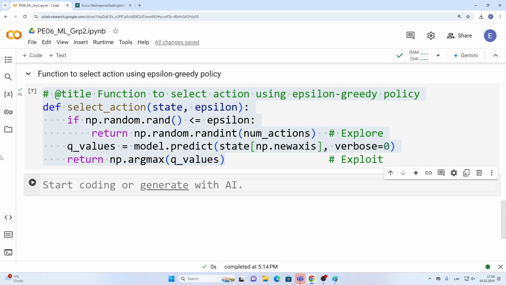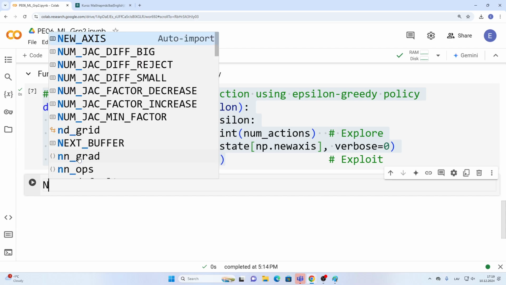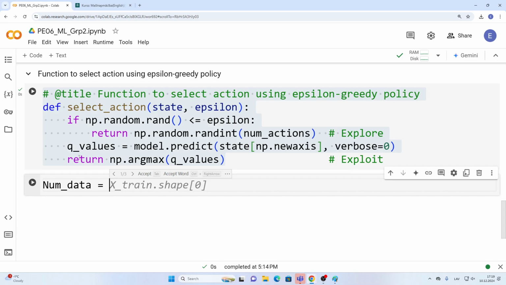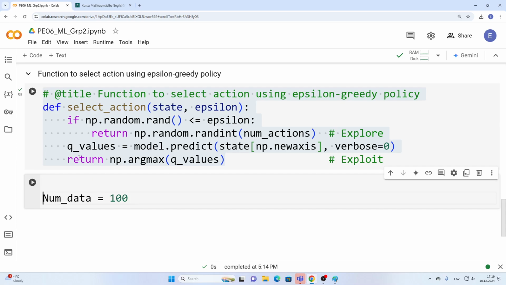Let's specify the number of data, and let's start with something small, like 100 pictures. Let's just work with 100 pictures, as simple as that. So, implement Q-learning reinforcement algorithm.